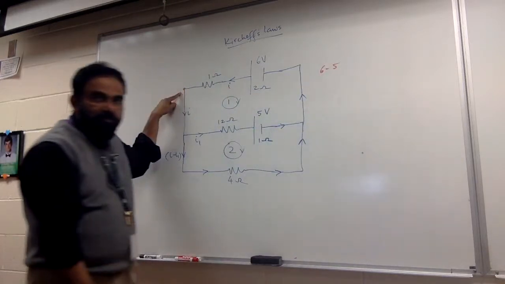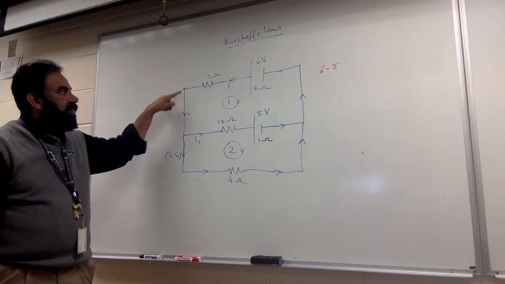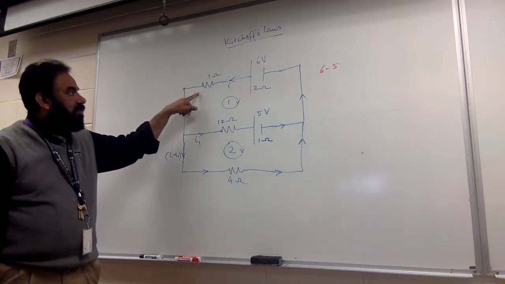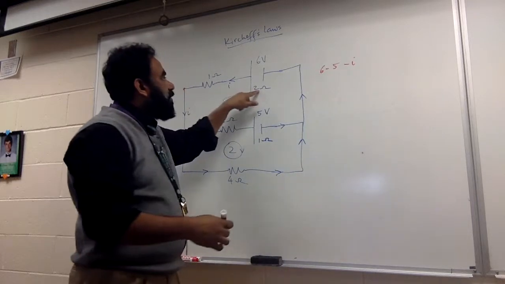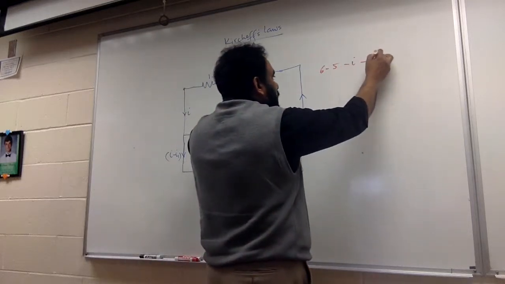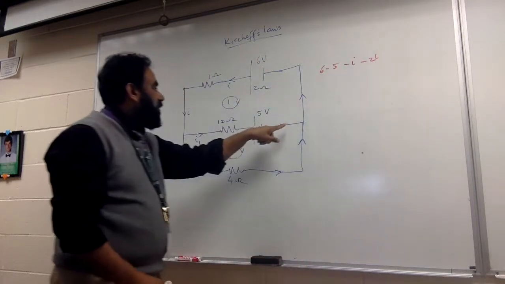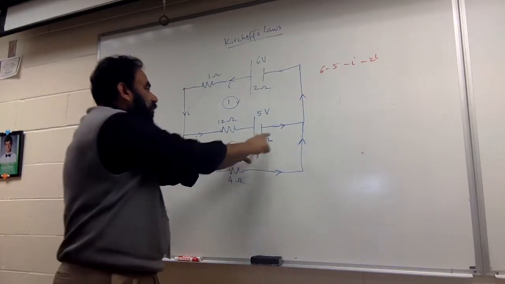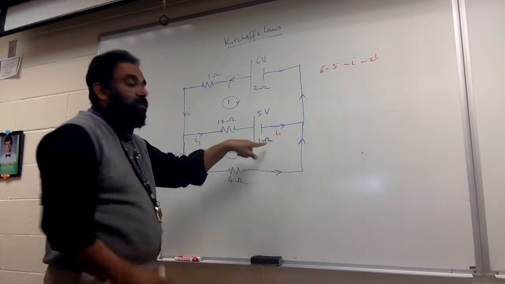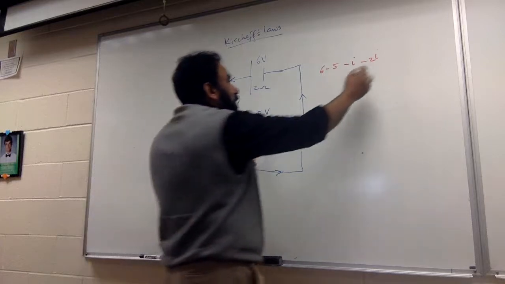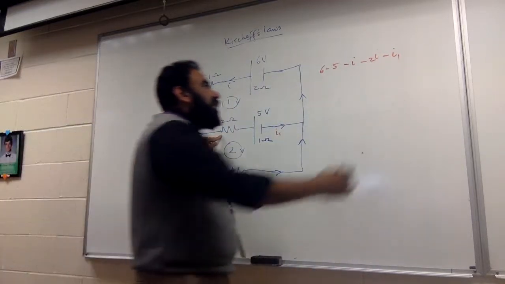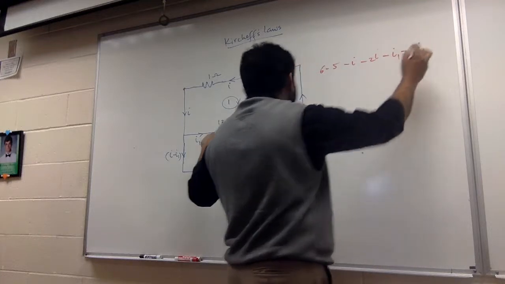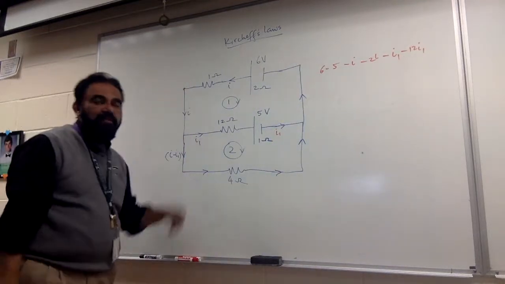Then now the potential drops. That's minus I, and that's minus 2I, and then the current is I1, and I'm going against it, so this is negative I1, and that will be negative 12I1, and back again, equal to 0.